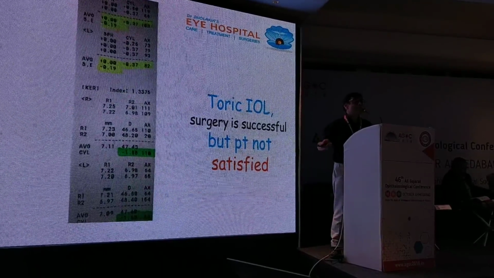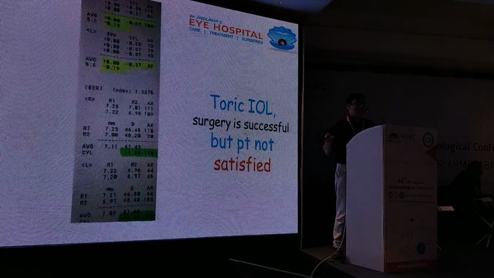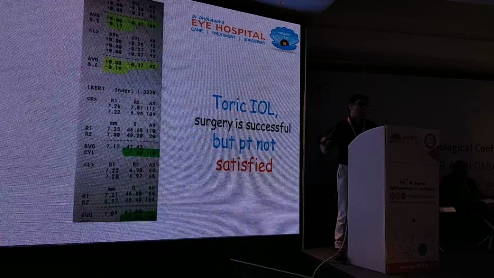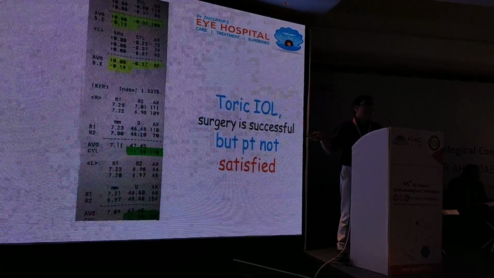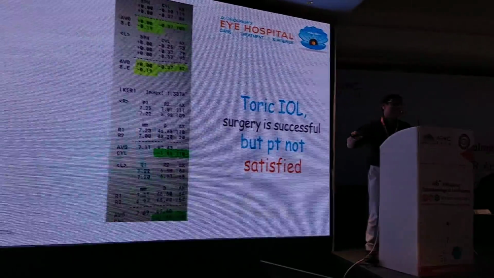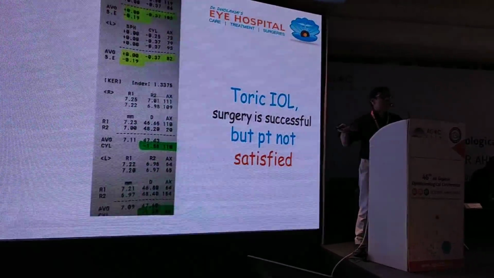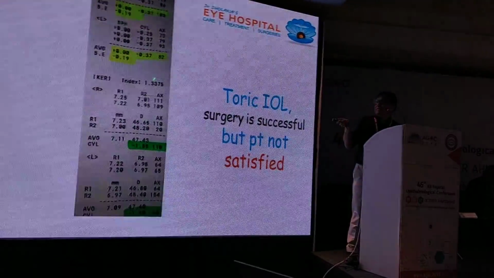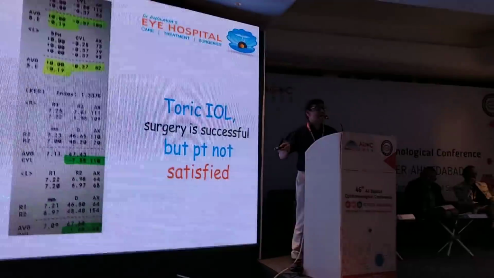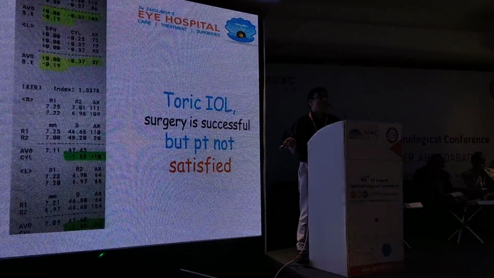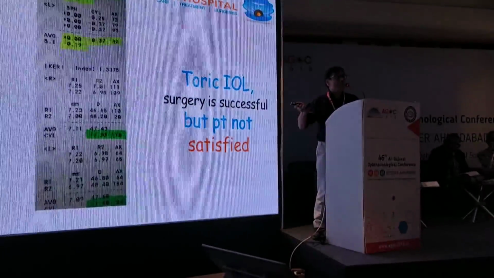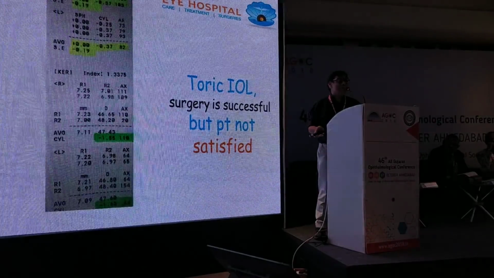The patient never wore glasses in the past, in childhood, post-presbyopic years, or even in old age. When the patient came, she was happy for near and distance. She might have had against-the-rule astigmatism, but she was happy with her near and distance vision without glasses. For all of her life, she never used glasses.